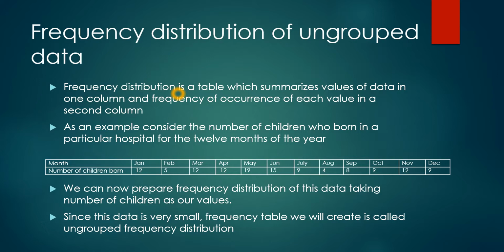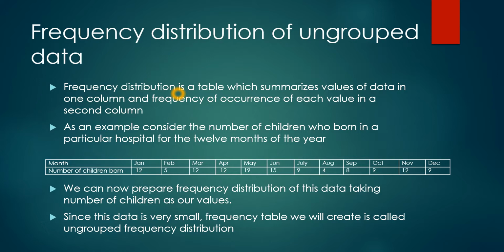So we have a table that has two columns. One column we fill in with our data values, and the other column we fill in with the frequency that corresponds to each value in our data.